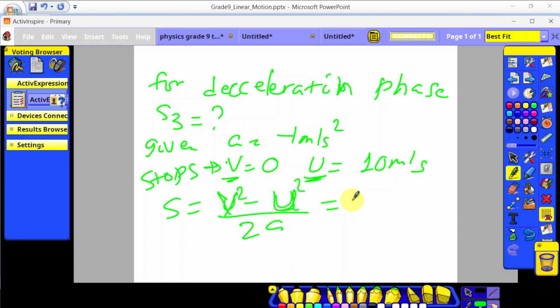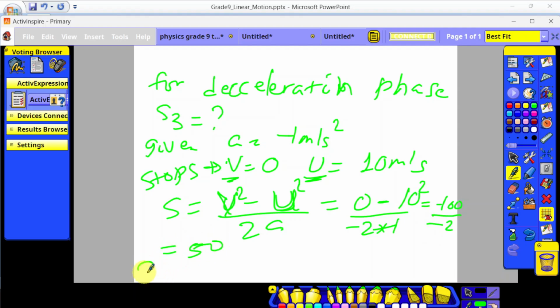You get v is 0 minus u squared, which is minus 10 squared, over 2a, meaning 2 times -1, because acceleration is -1. Then this is minus 100 over -2, which is equal to 50.